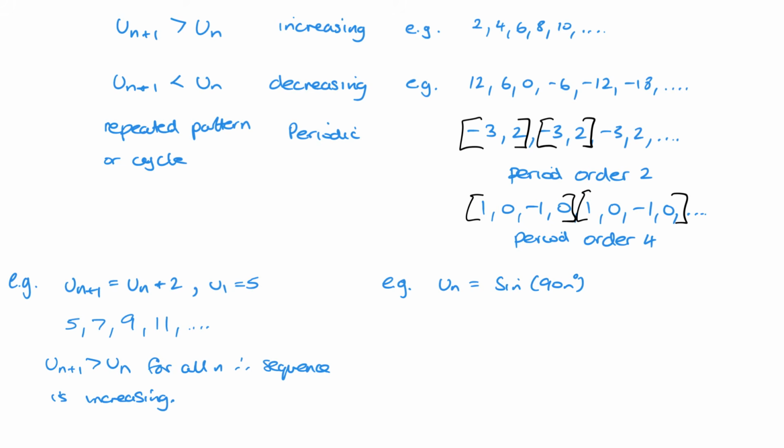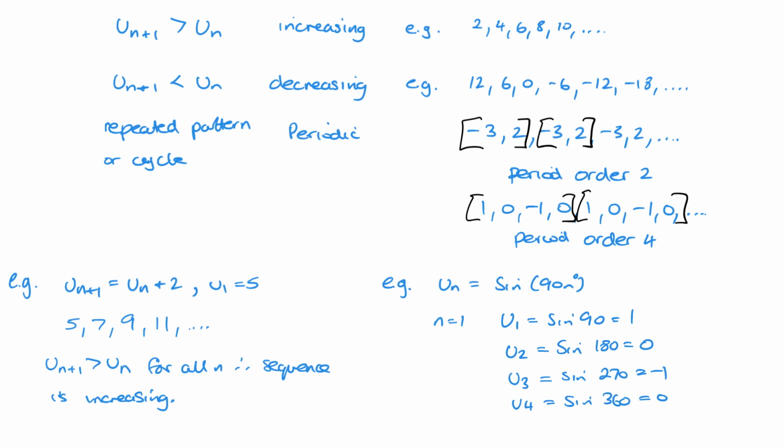I'm going to start off by putting n equals 1 in. So u1 is sine 90, and sine 90 is 1. u2 means I get sine of 180, which is 0. u3, we get sine 270, which is negative 1. And u4, we get sine 360, which is 0.